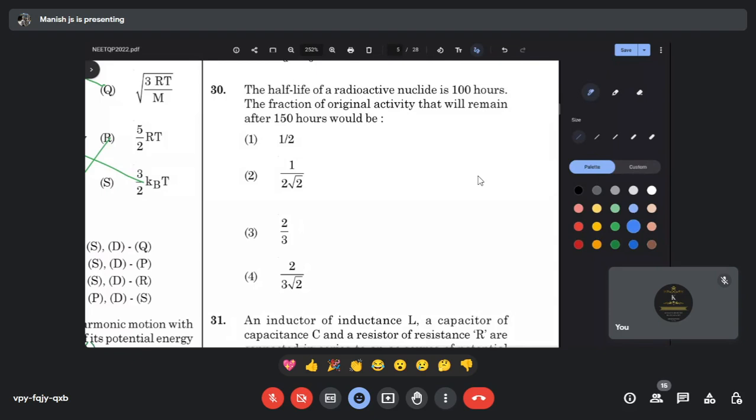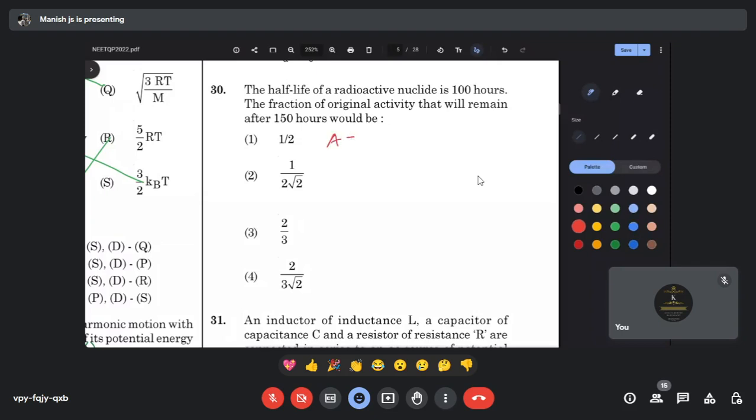A radioactive nuclide has a half-life of 100 hours. After 150 hours, what fraction is going to remain? So what is the activity of a radioactive substance? Formula: A is equal to A naught times half to the power of t upon T. So 150 upon 100, for a half-life of 100 hours.